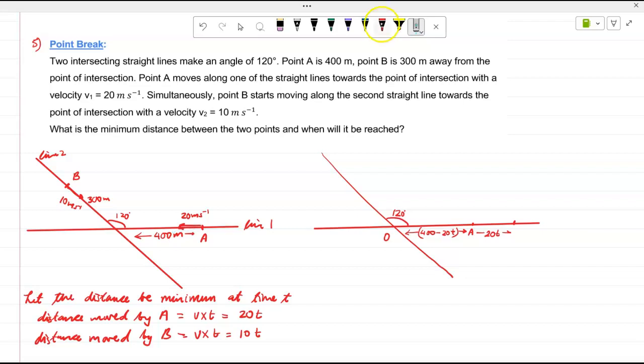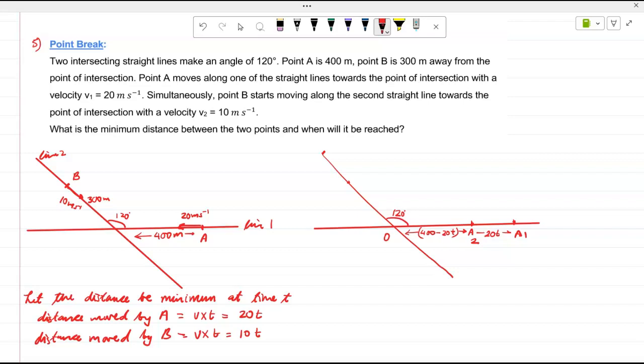Similarly, what is the distance of B now? B was somewhere here, now B has come closer.